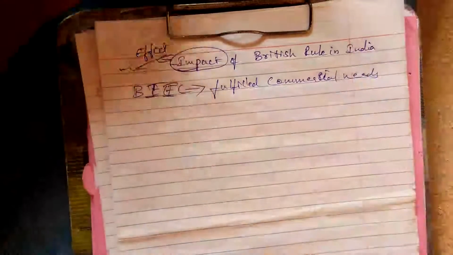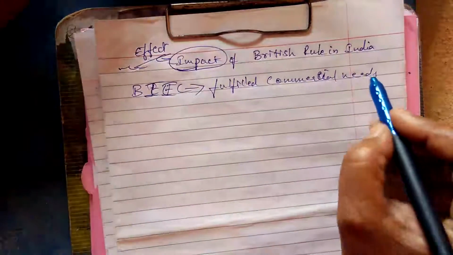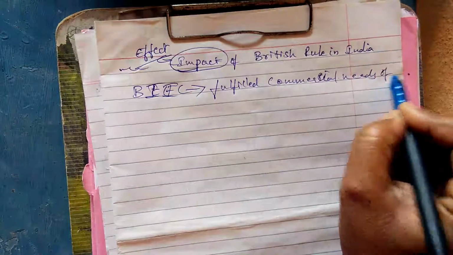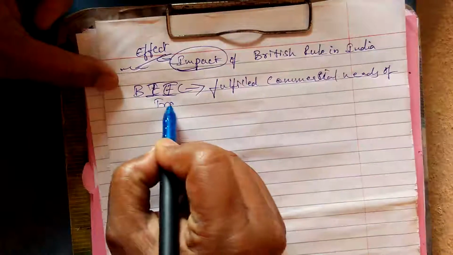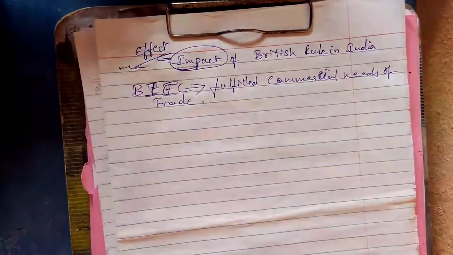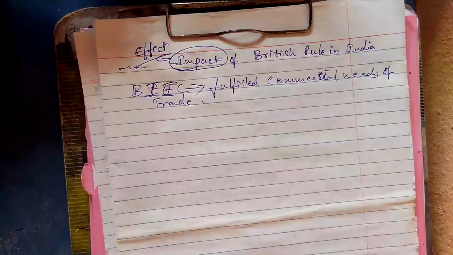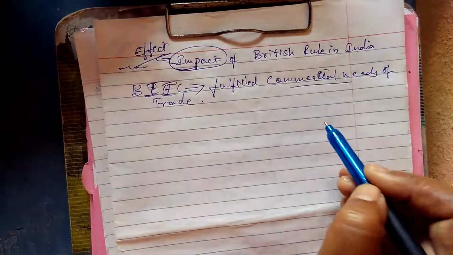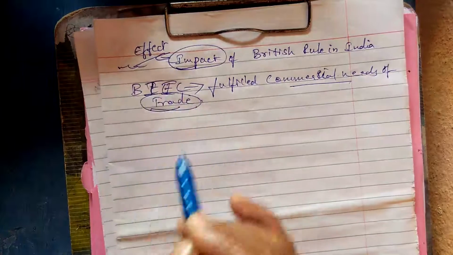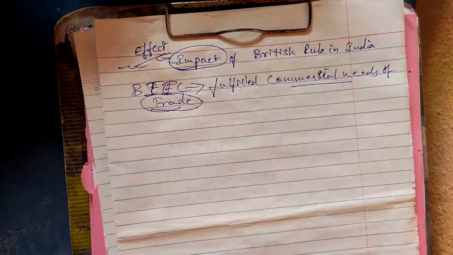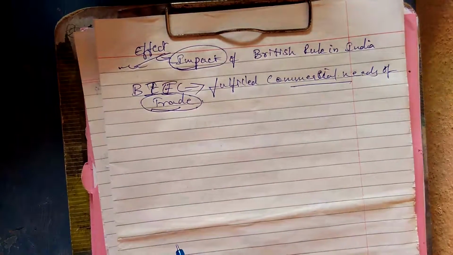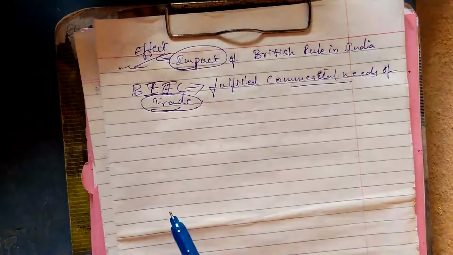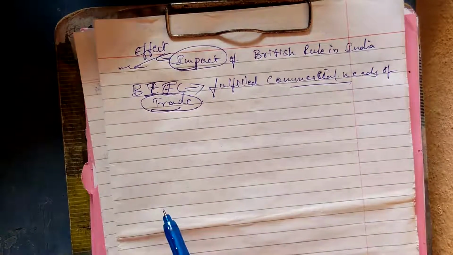They fulfilled all their commercial needs of trade. You know very well that by seeing the administrative system and other things, they fulfilled all their commercial needs and became very strong in the field of trade. This is how they started the administration. We can say they started the relations with India.